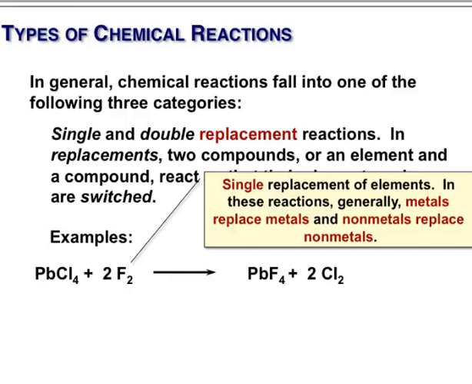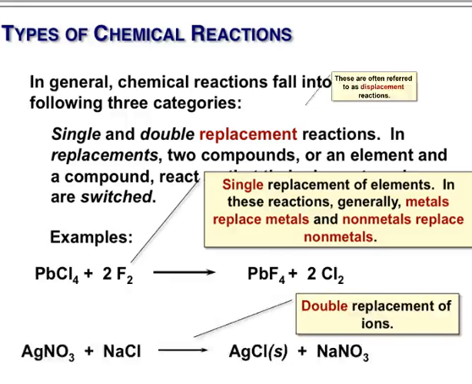In our copper reaction, the copper was a metal, the iron was a metal. In this reaction, fluorine is a non-metal, chlorine's a non-metal, and they swap. Metals, metals, non-metals, non-metals. Now there are actually two very important exceptions to that, but we'll talk about them later.